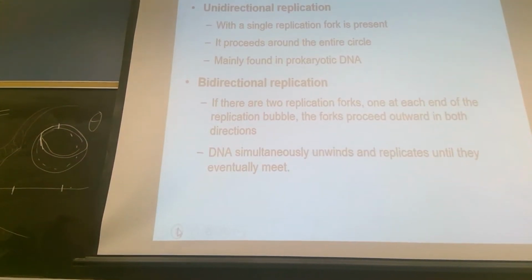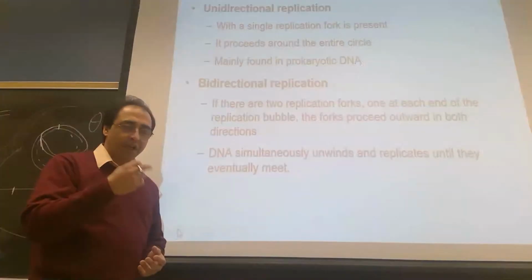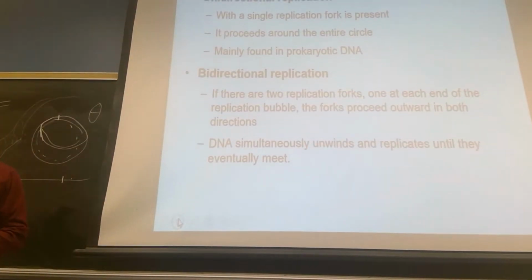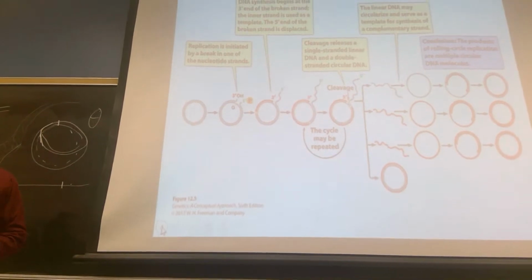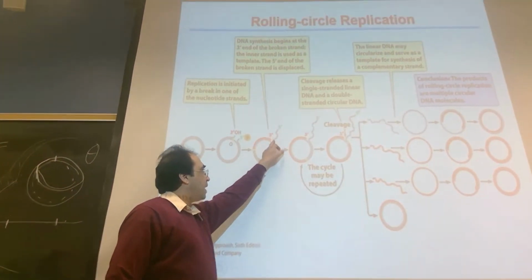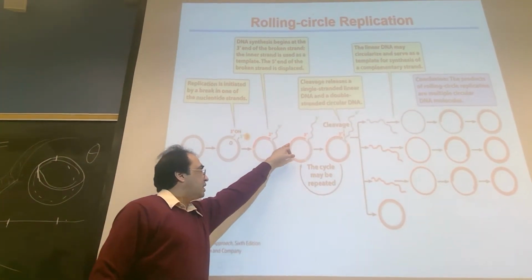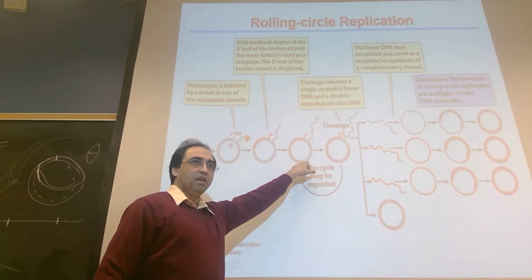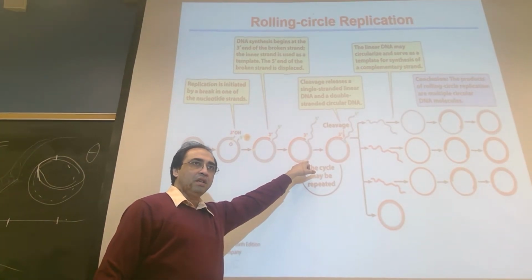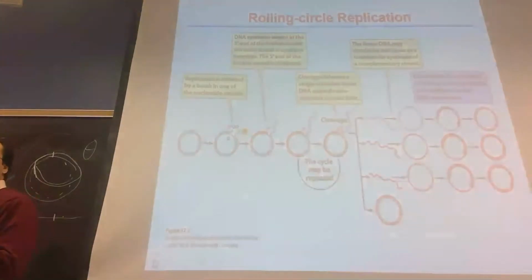In case of E. coli, or in case of rolling circle replication, let's go to the picture again. In this rolling circle replication, the DNA replication is taking place in this way. Okay? So this is one direction replication, only one direction. So this type of replication is called unidirectional replication.